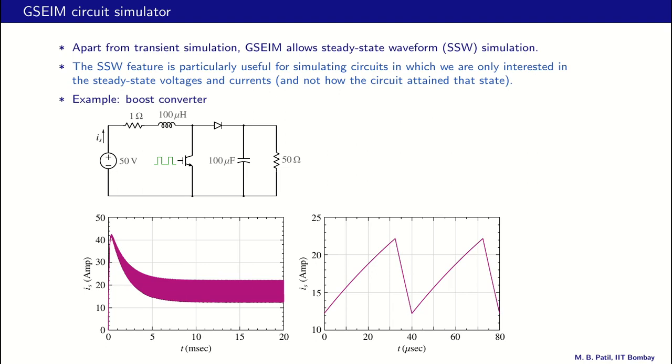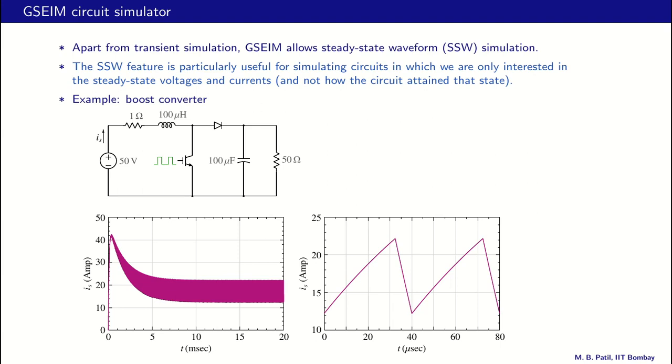Now if you perform transient simulation, let us say starting with some initial conditions, for simplicity say 0 volts for the capacitor and 0 amperes for the inductor. Suppose you start your transient simulation with these conditions, then we get something like this, the result on the left.